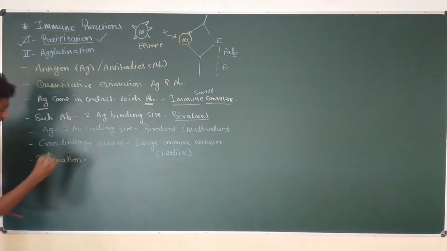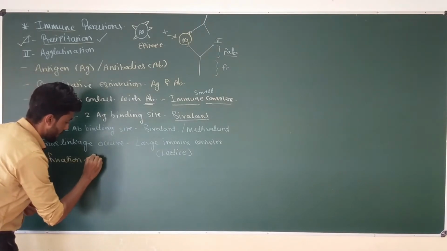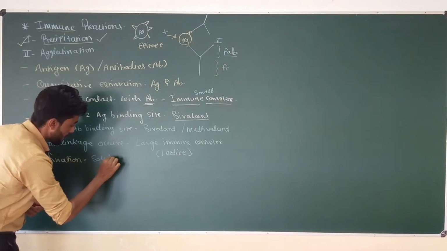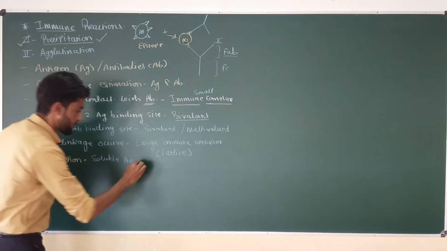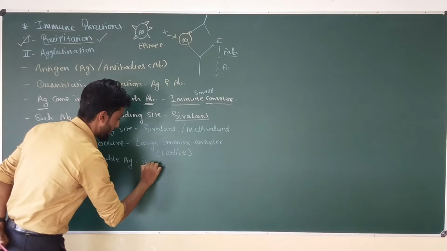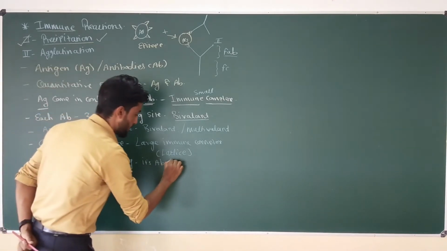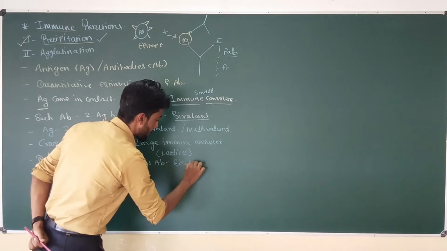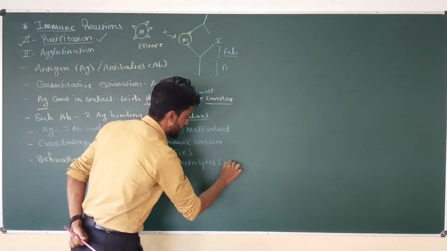So we can make the definition of precipitation like this: when a soluble antigen combines with its antibody, in the presence of electrolytes, electrolytes like NaCl.